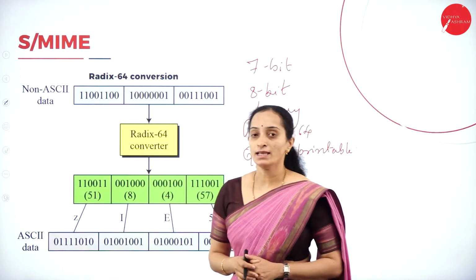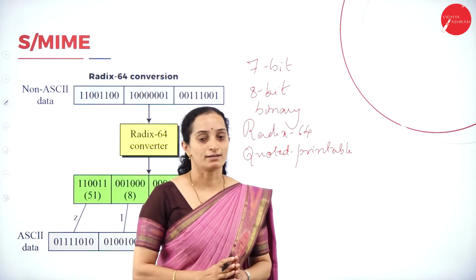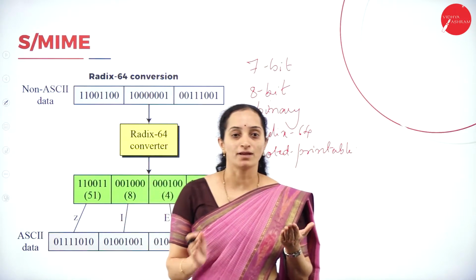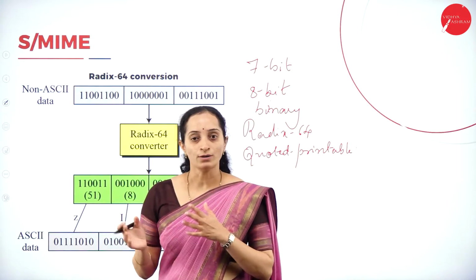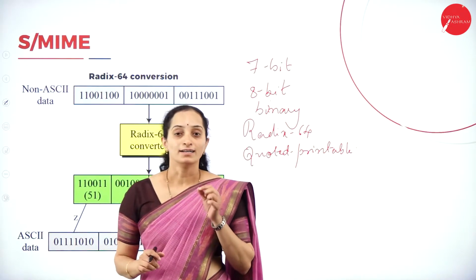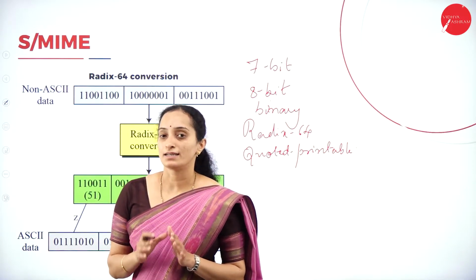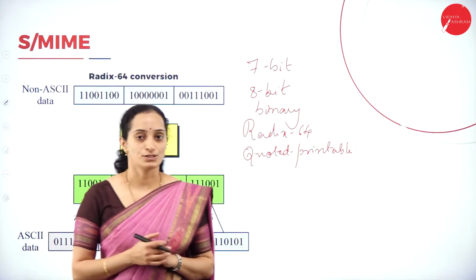So we have these many conversions that can be done for the conversion from normal mail to the 0 and 1s format. Because the network only communicates or transmits the data that are in 1s and 0 form.